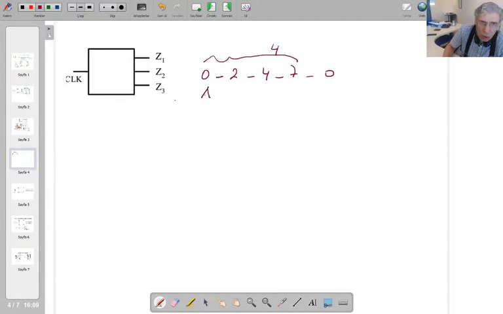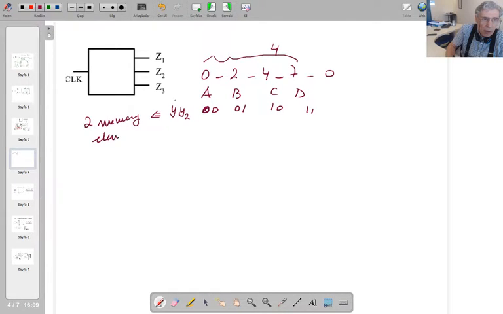So you might call them A, B, C, D. These are the states. To represent those states as state variables, it's going to be 0 0, 0 1, 1 0, 1 1. So what does this mean? 2 memory elements. The output of those 2 memory elements cannot be the output of my circuit.